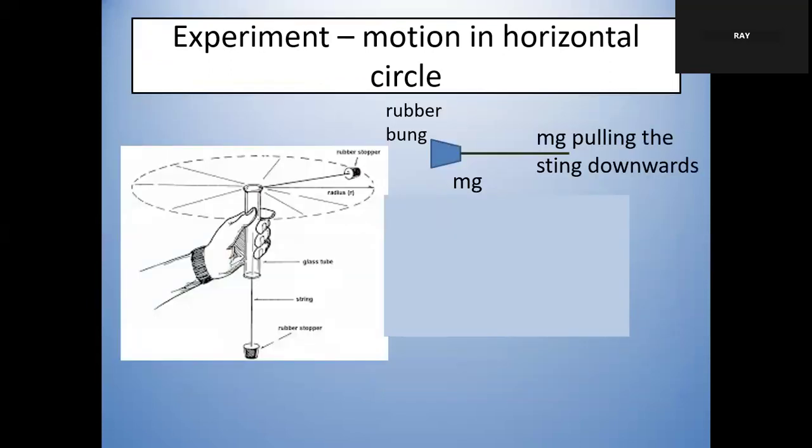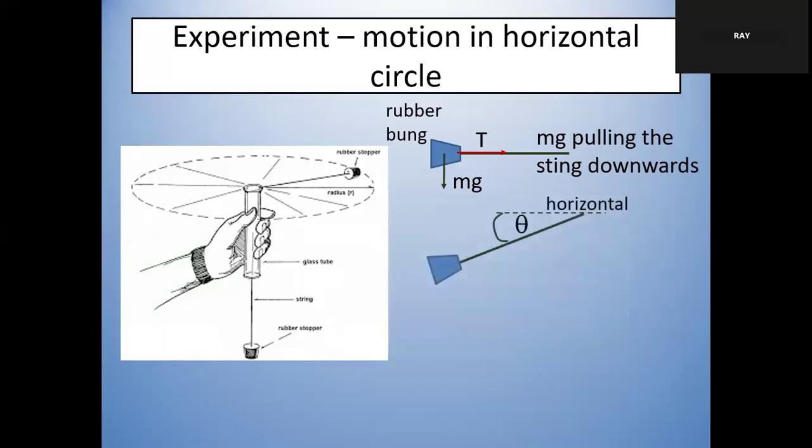But we assume it's horizontal. Angle is too small. Right? That's the reason. It has to slant, because your tension becomes your T cos theta, T sin theta. So T sin theta is balanced by mg. T cos theta provides the centripetal force.